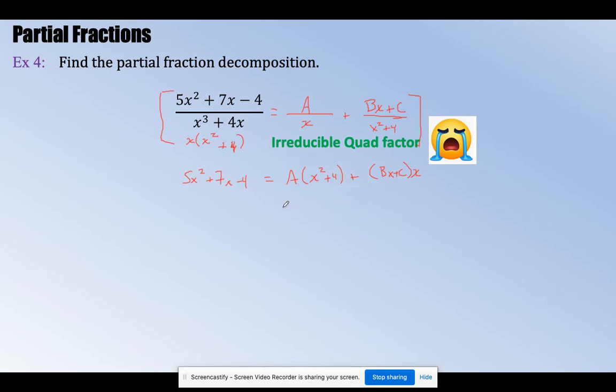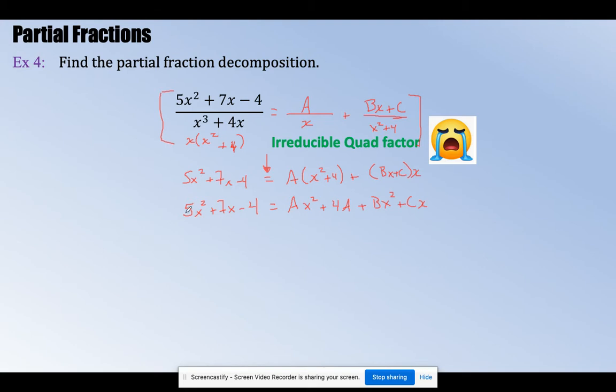Let's see. Let me clean this up a little bit and get rid of the parentheses. Now remember, believe in the equal sign. What's on the left does equal what's on the right.